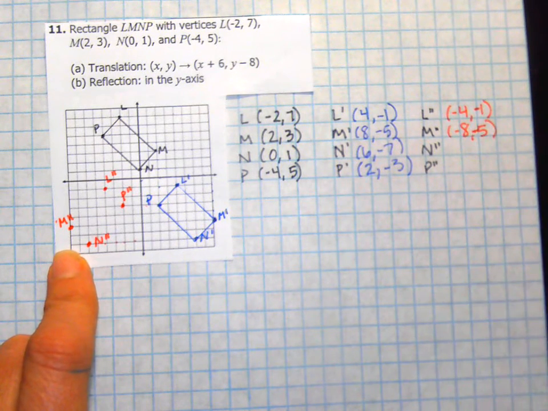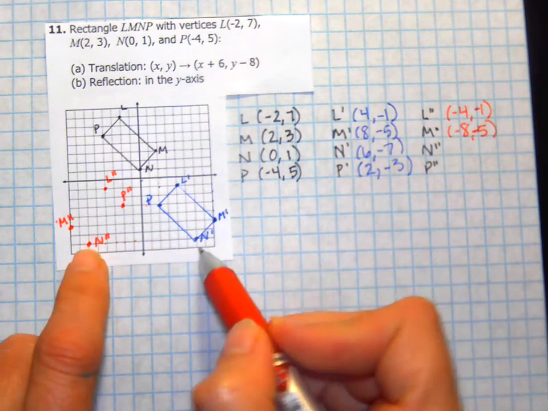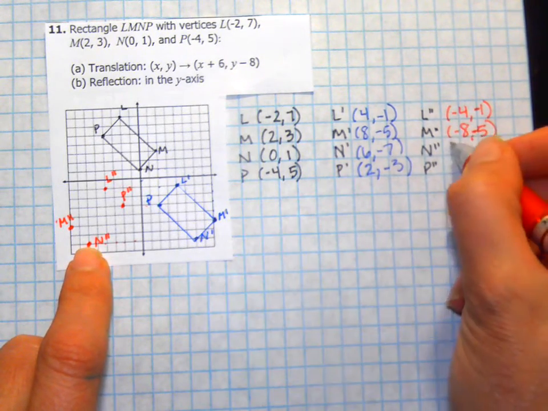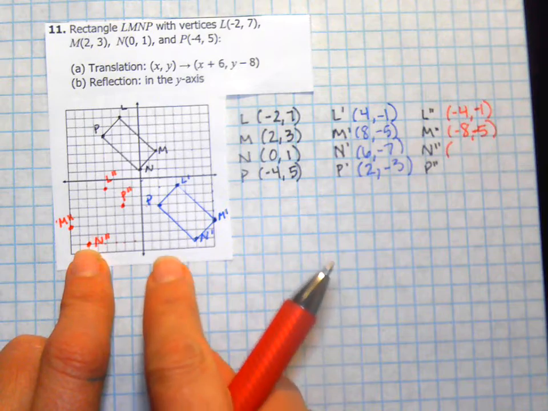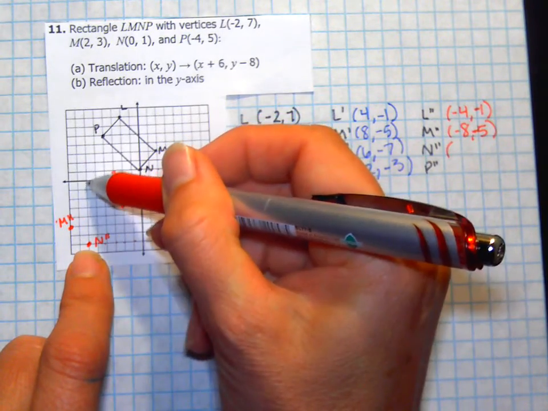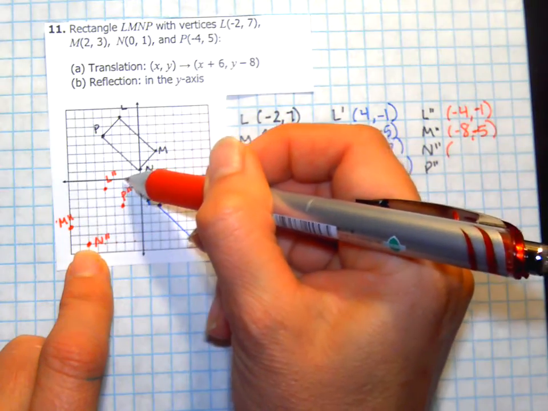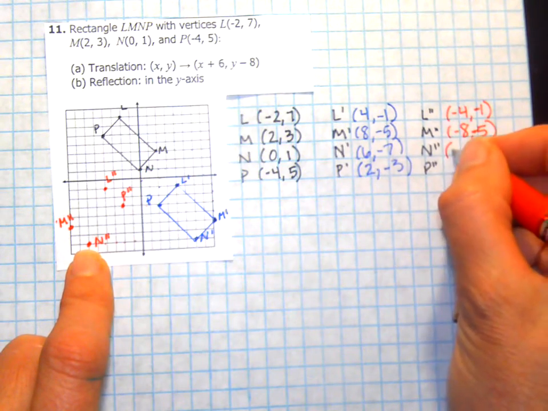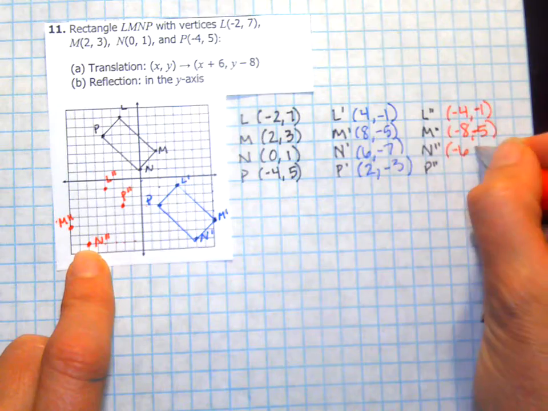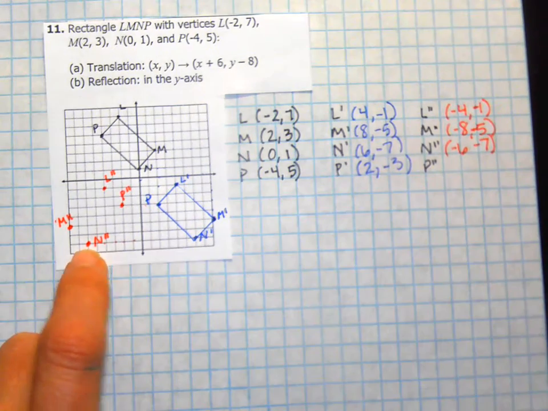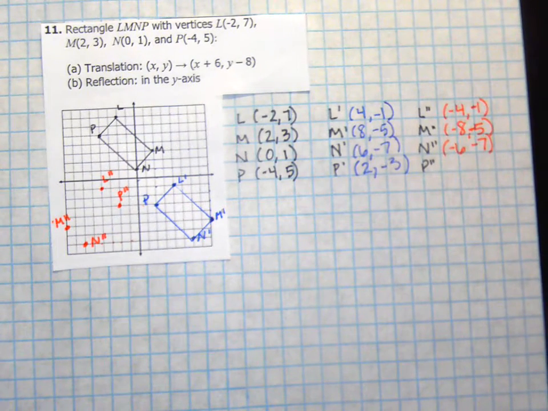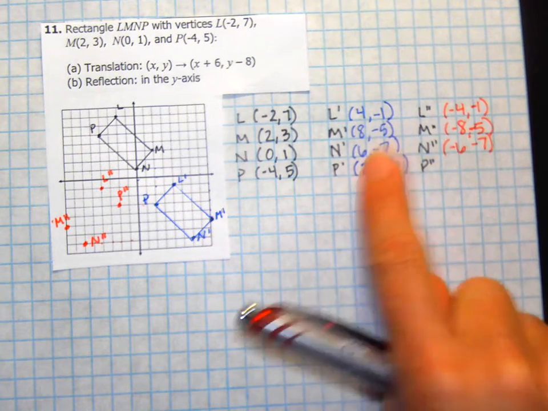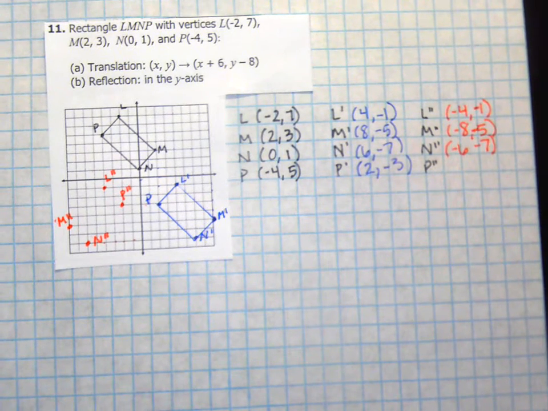I don't know why I left the negatives off. And I still have N double prime at negative 6, and it's down 7, so negative 7. So take a look. See what changes from here to here and make a prediction for where P double prime will be.